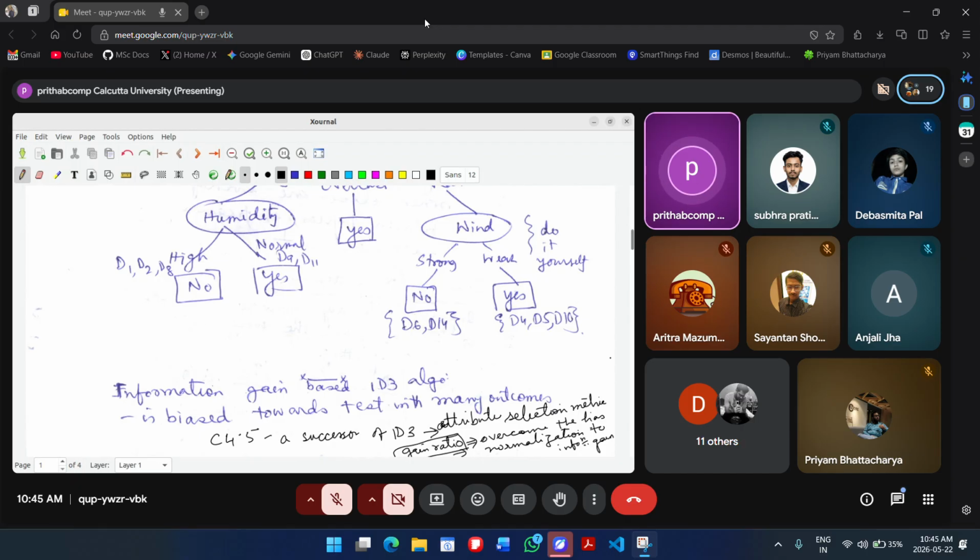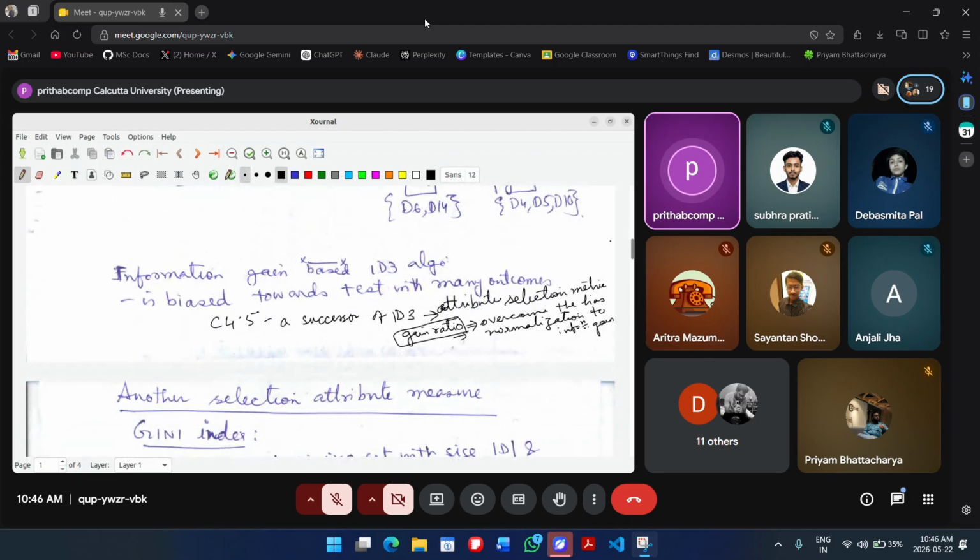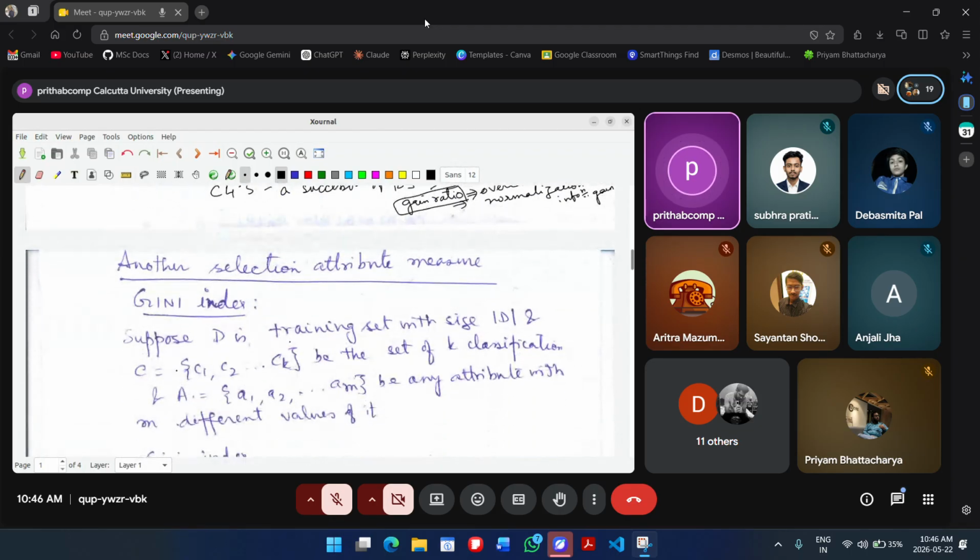By this it is able to overcome the bias when there are too many different outcomes in the data set for a particular attribute. Next we will move on to the Gini index.